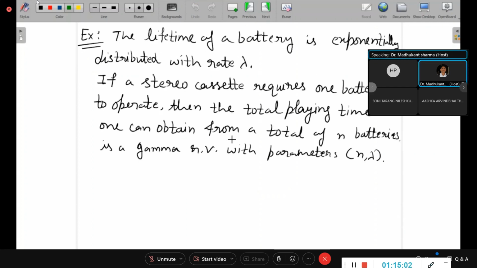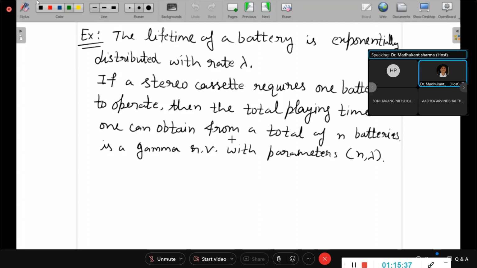This example can be understood once you read it. The lifetime of a battery is exponentially distributed with rate lambda. If a stereo cassette recorder requires one battery to operate, then consider the total playing time one can obtain from a total of n batteries.